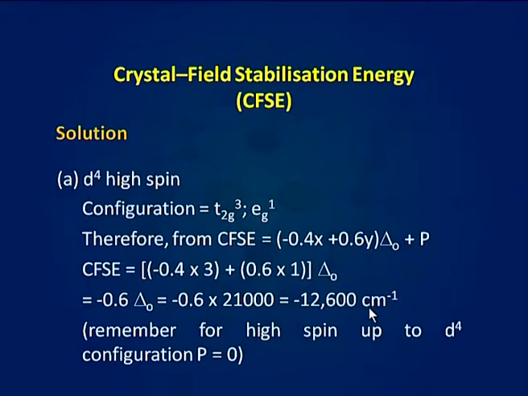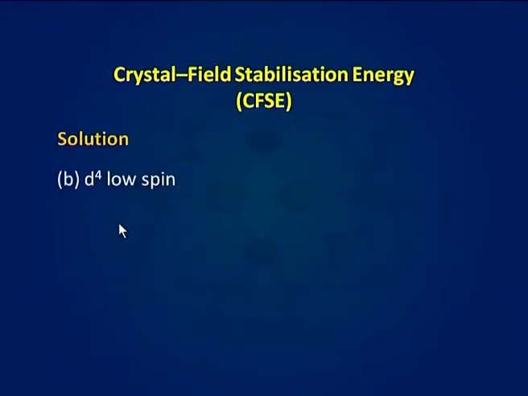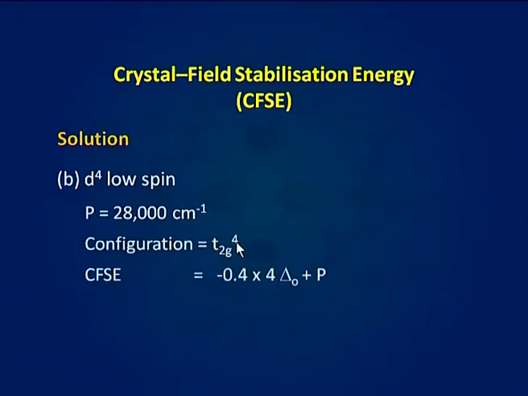On calculation, you will get crystal field stabilization energy to be equal to minus 12,600 per centimeter. For d4 low spin, the electronic configuration will be equal to t2g4.